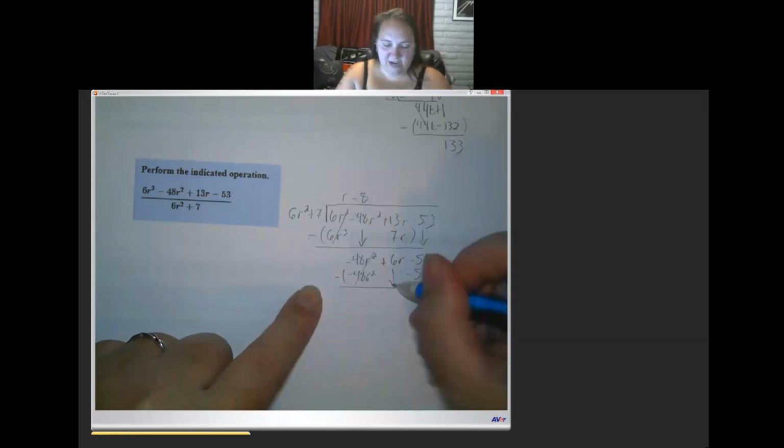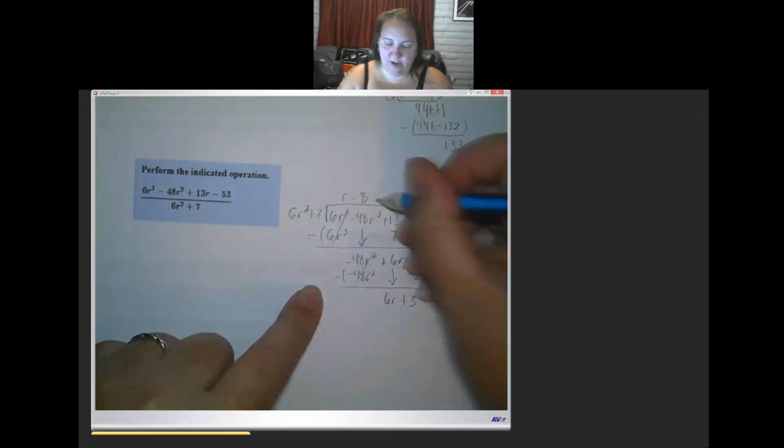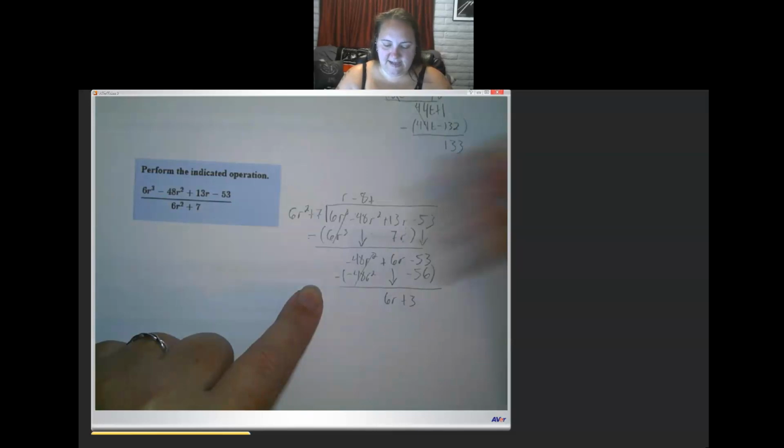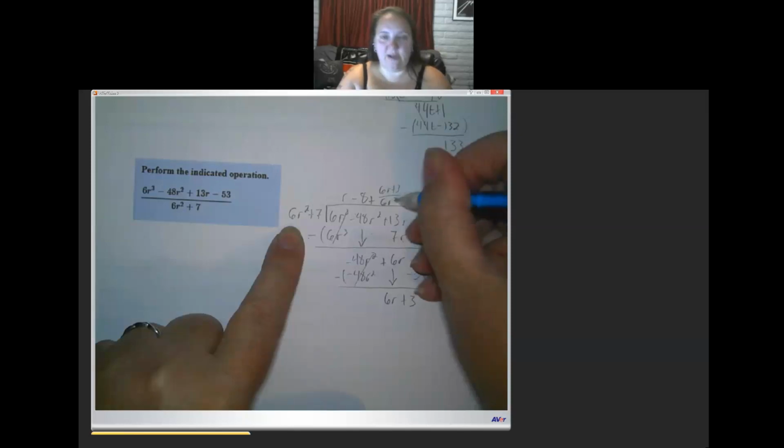There's nothing to subtract from 6r, so it comes down. And a negative 53 minus a negative 56 is negative 53 plus 56, which is 3. And so then up here, you would put plus, and then 6r plus 3 over 6r squared plus 7.